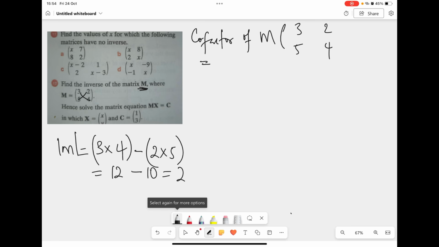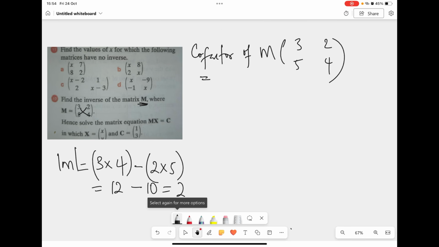4. How you go about the 2 by 2 cofactor is that normally you exchange these two. If this is your A, this is your B, this is your C, and this is your D, you exchange A and D, and you exchange B and C. Then after exchanging, you give negative signs to what you get when you exchange B and C. So what you're going to have is 4, minus 2, minus 5, 3.